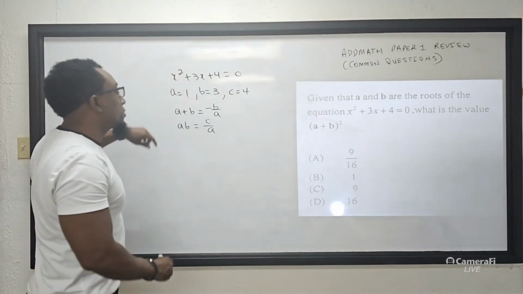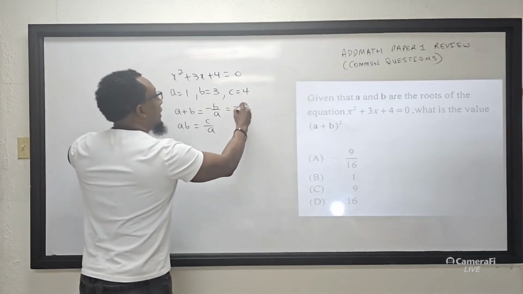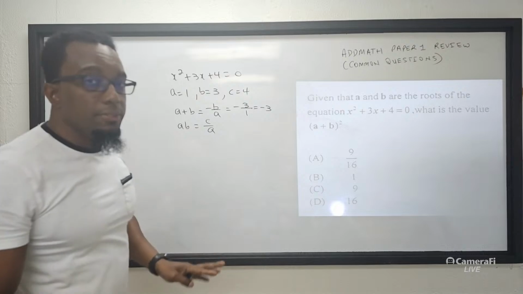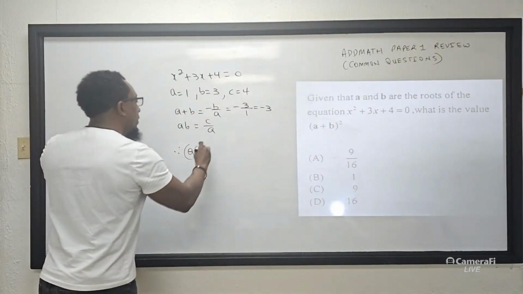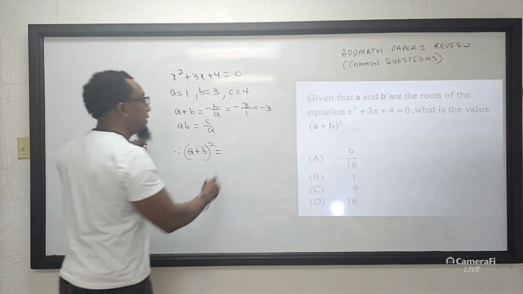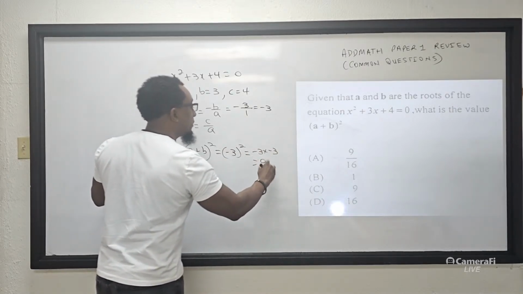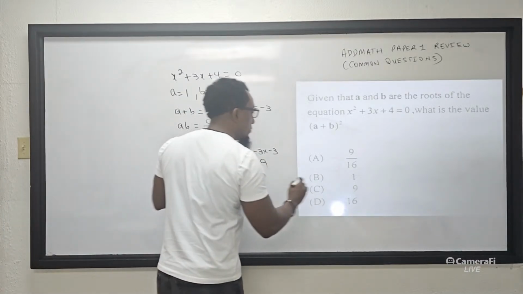So let's work out what is the sum of the roots. This will be subtract 3, which is B, is 1, so we have negative 3. And all we need is the sum of the roots. So therefore, A plus B all squared, the sum of the roots will be negative 3 in bracket squared. Negative 3 by negative 3, which is positive 9, whose answer there is C.